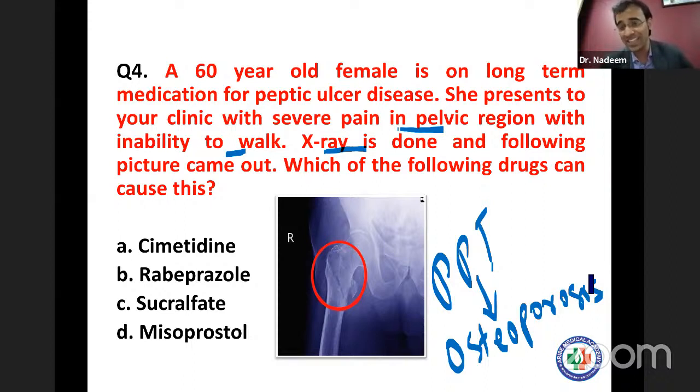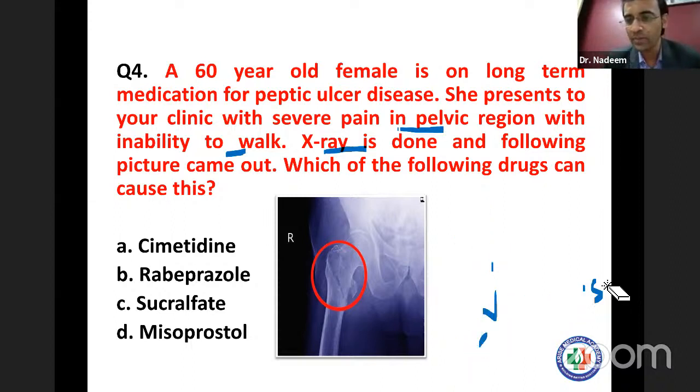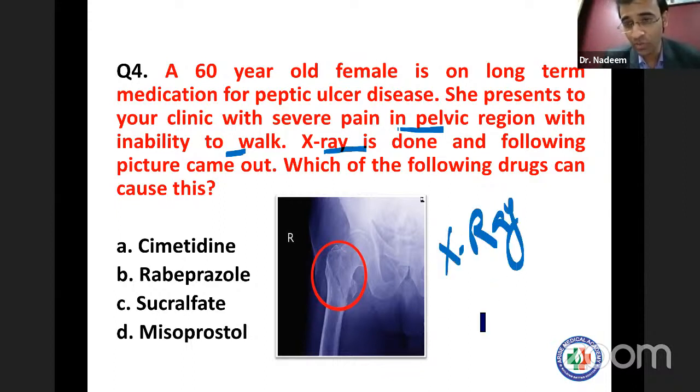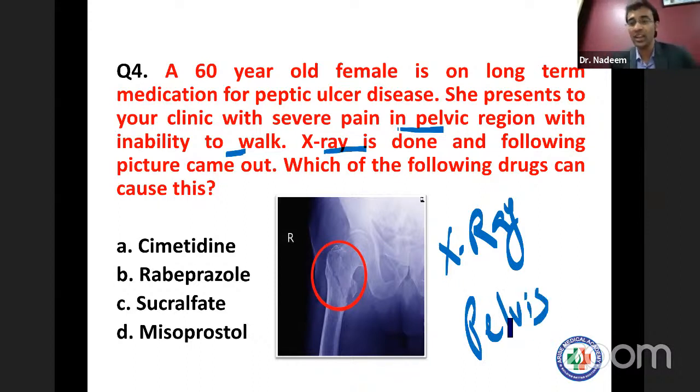So basically, she is having severe pain in the hip. The first investigation to be done on a patient who fell down, who was on long-term treatment with a proton pump inhibitor like pantoprazole and rabeprazole, is what? X-ray pelvis. This is one more question for you.